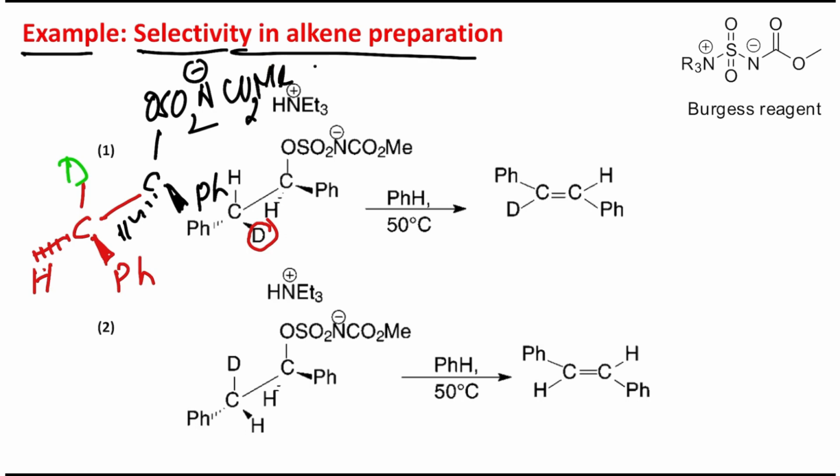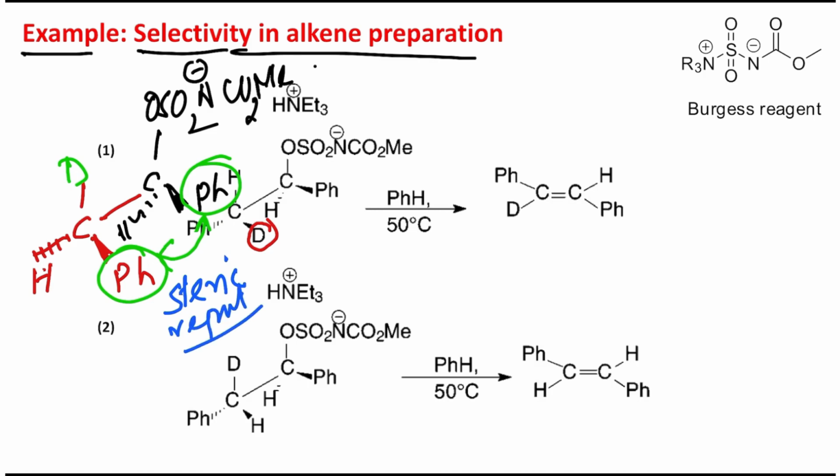Now what is the problem here? This phenyl or phenyl, since it is a syn elimination, during this elimination these two phenyls need to come in the same plane, very close, so they should have severe steric repulsion. So that's why the previous compound will give only this isomer.